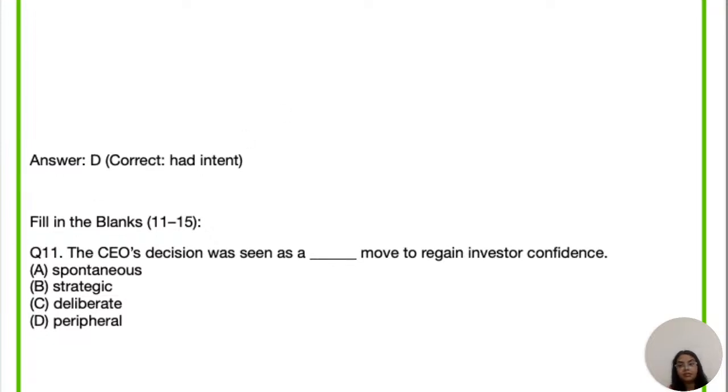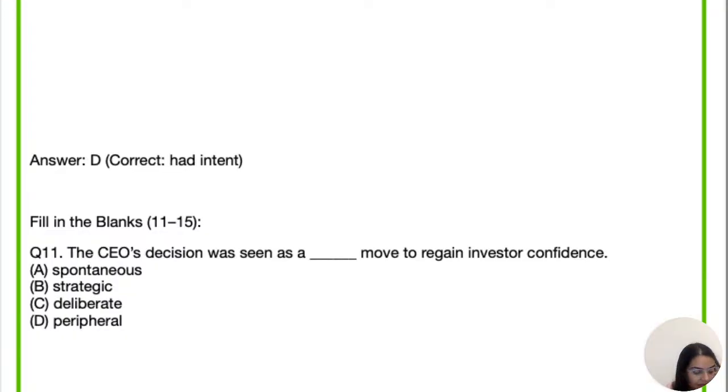Vocabulary. We have done this question earlier. It's just a recap for you people.